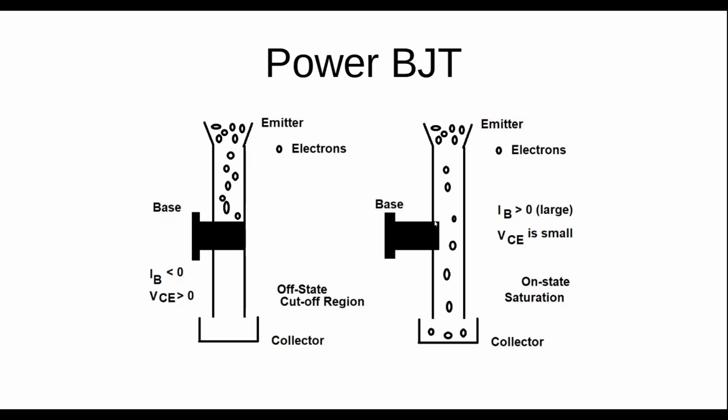Then the other thing, as you've noticed, is that I leave a little bit of the base out here to indicate that there's still a bit of resistance, or that the electrons don't just flow through completely. So that's the equivalent of having a small voltage drop.